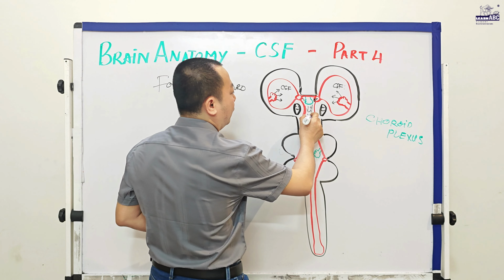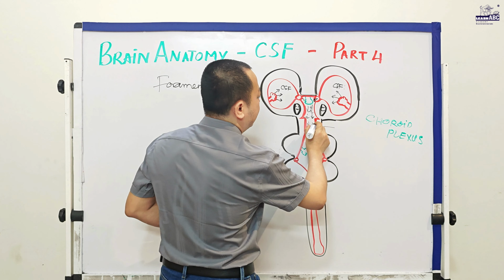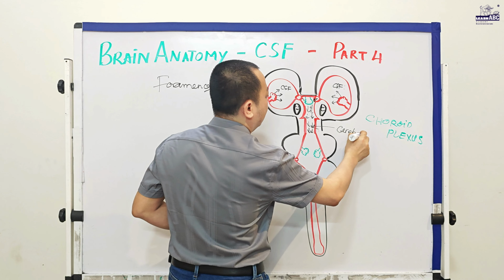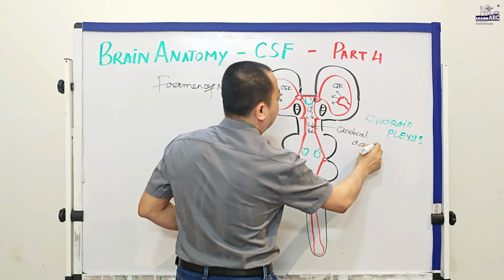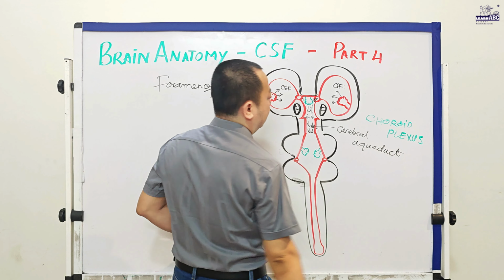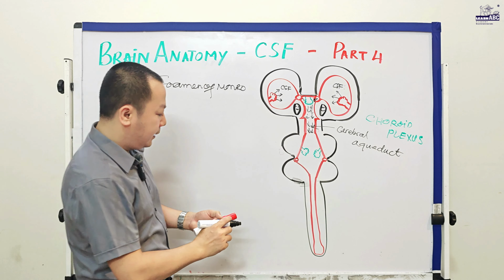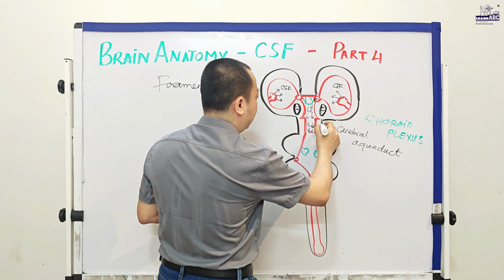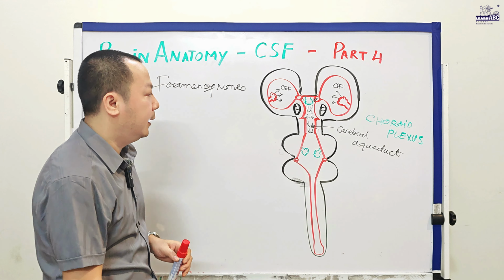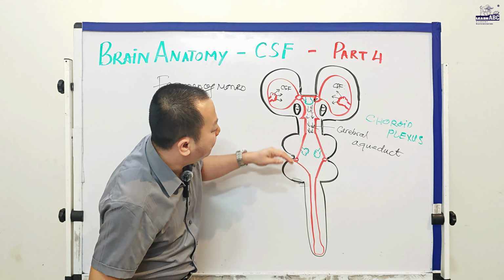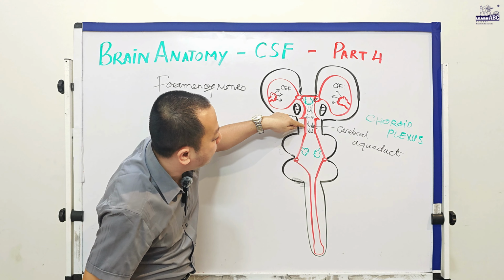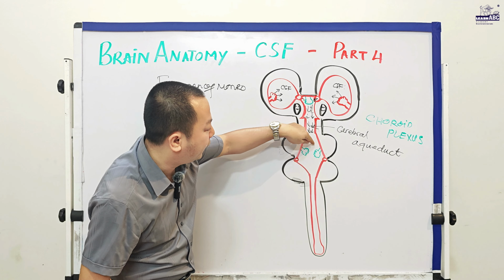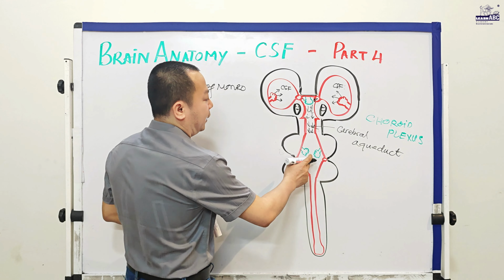Now from the third ventricle, the CSF moves to the cerebral aqueduct, right? And the aqueduct is the cavity of the midbrain. Then at the midbrain, the CSF continues going down to fill up the fourth ventricle.